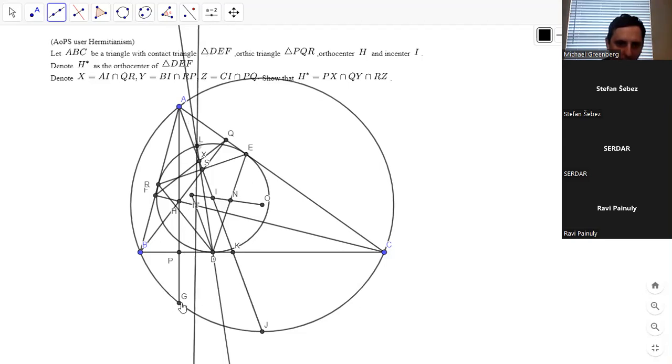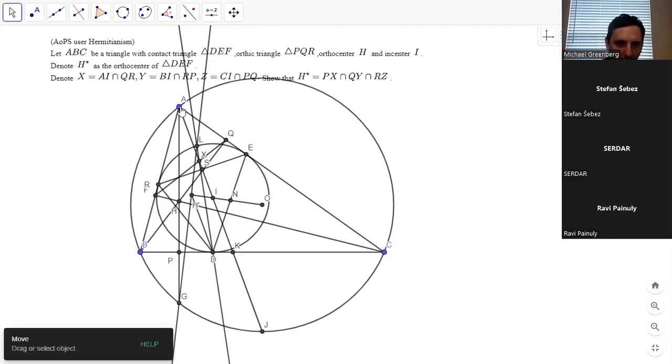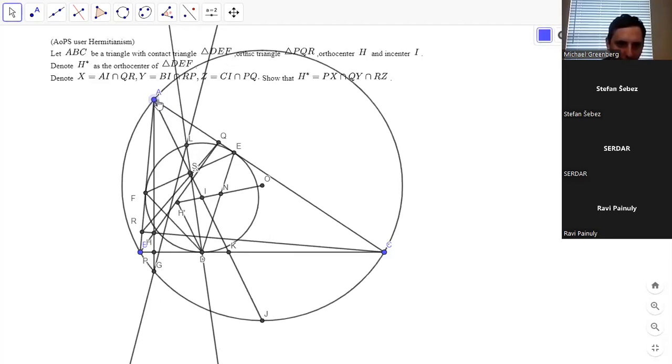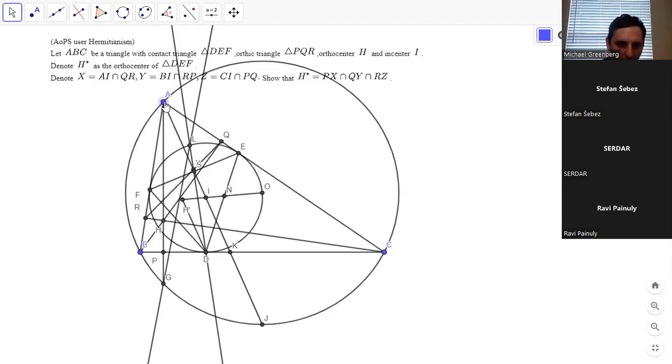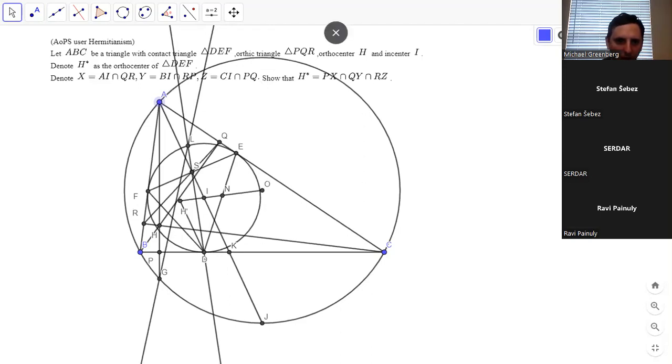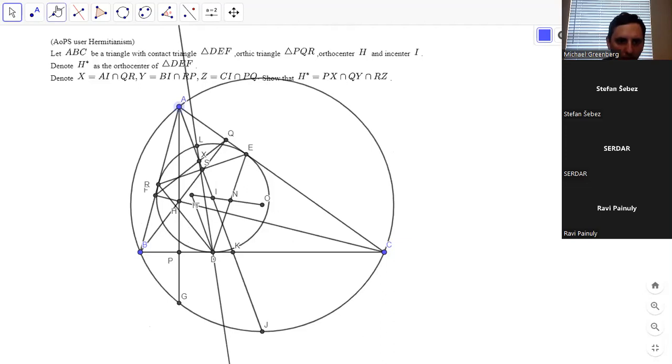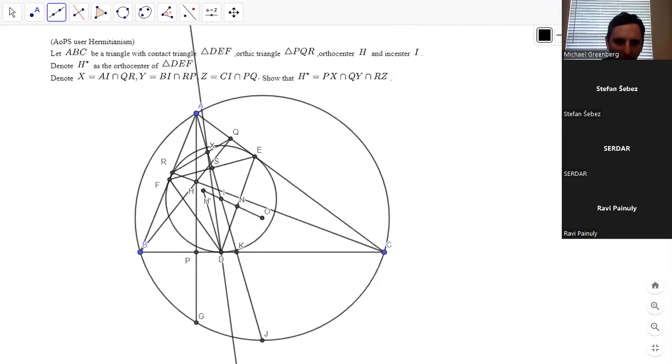Oh, I wonder if L, H prime, and G are collinear. No. Yeah, I don't know. I don't see anything too special about that line.